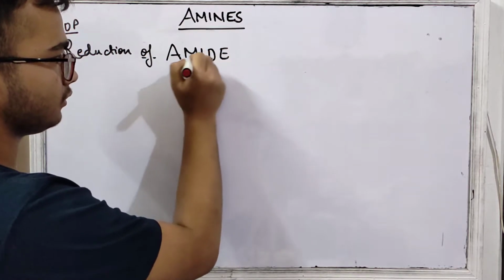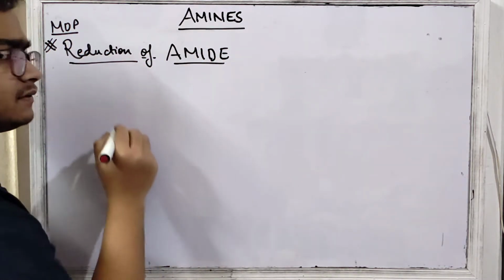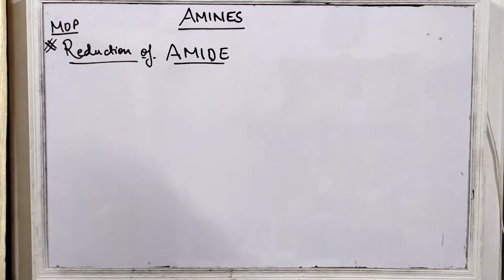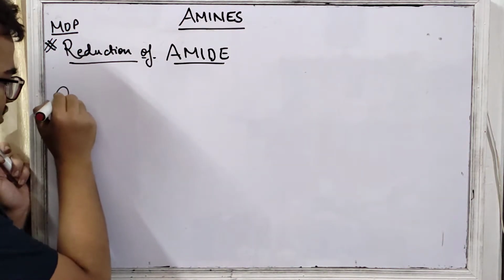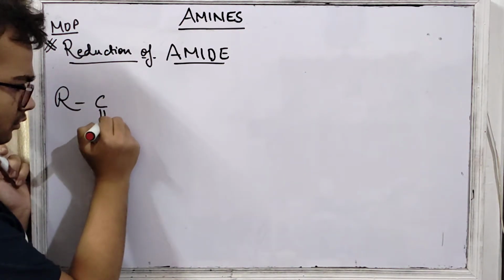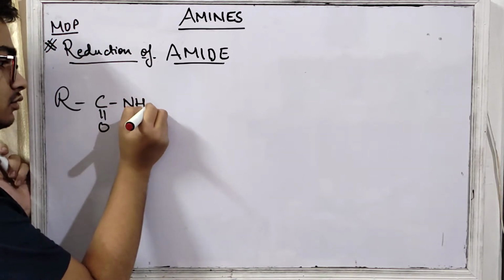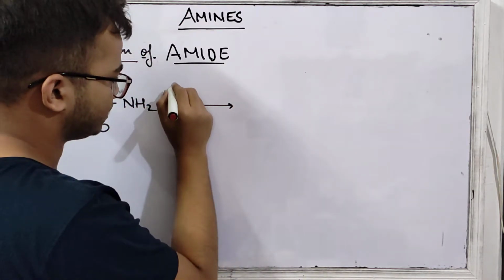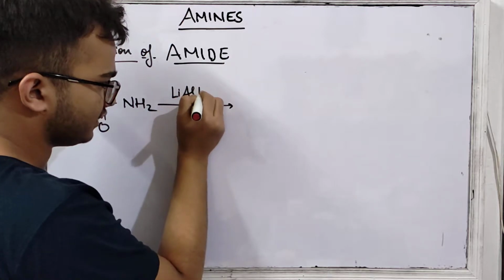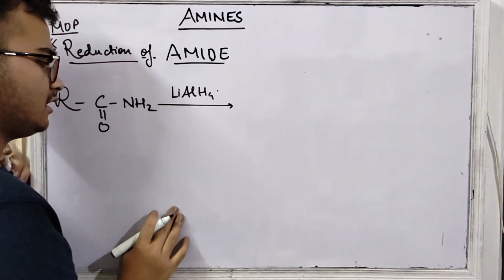Amide. Okay, so what happens in the reduction of amide we are going to see now. So what is amide? I have mentioned it is RCONH2. Now here you have to take the reducing agent, which is LiAlH4. This is lithium aluminum hydride.